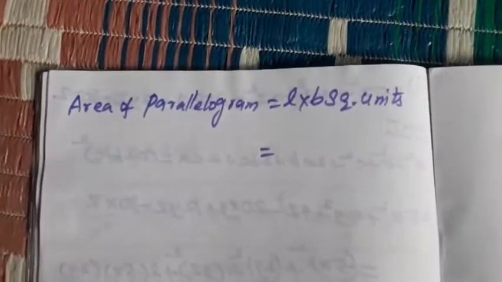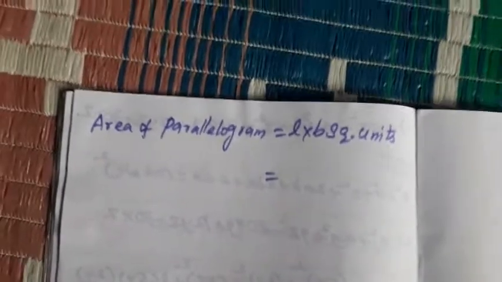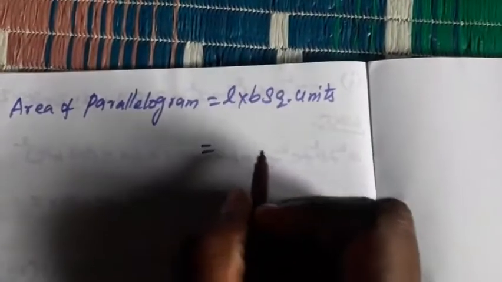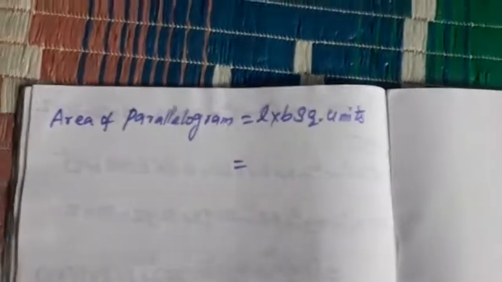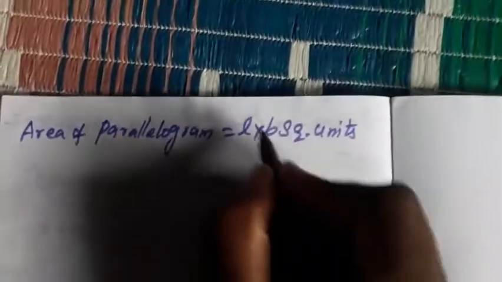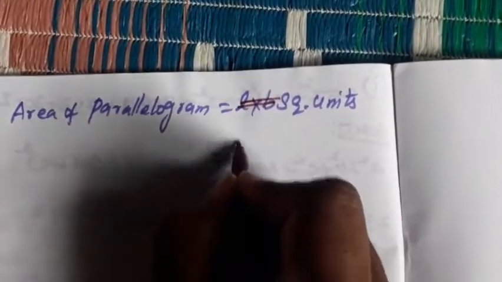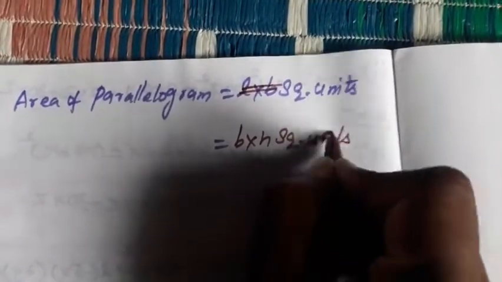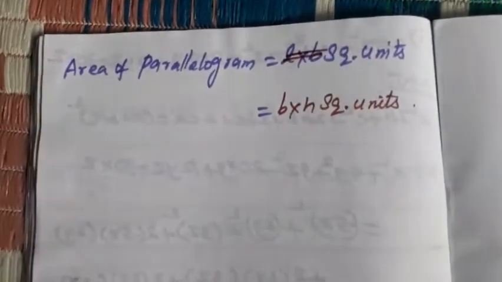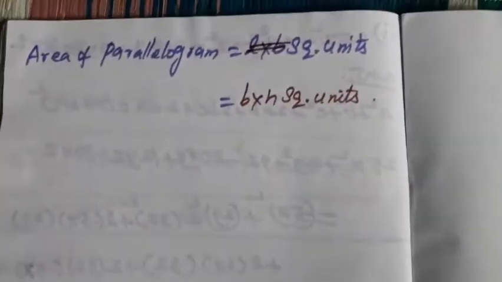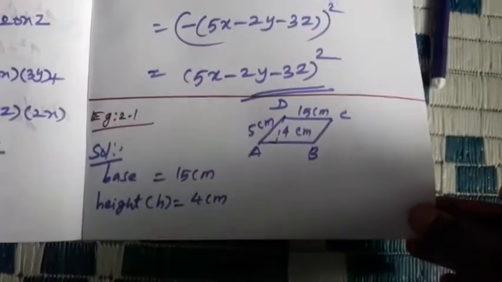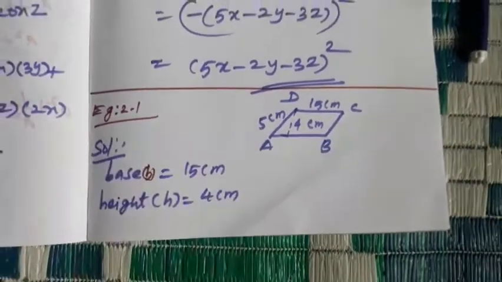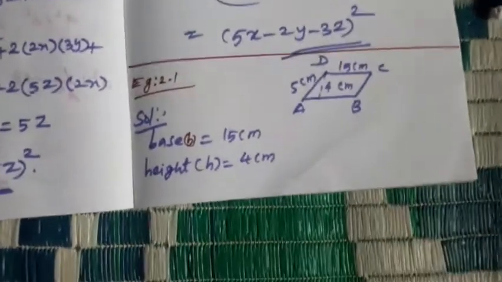Area of a rectangle is only length into breadth. Area of a parallelogram is base into height, B into H square units. The base is 15, we denote it B, and the height is 4.